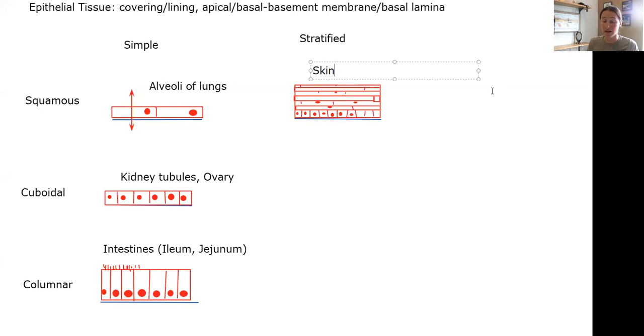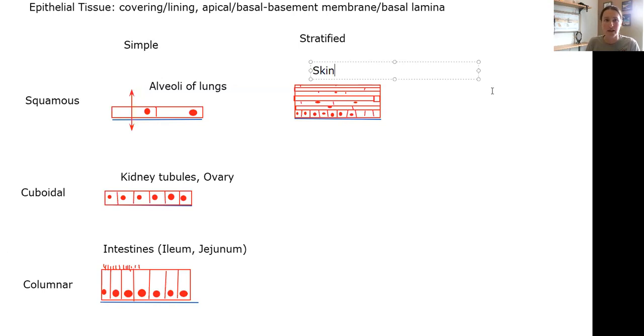And so what that does is it allows us kind of the freedom of like bumping into things and scratching things and everything without actually damaging our tissue, right? So the uppermost layers are dead, and so they can just slough off, and they do slough off all the time. But it's not a big deal, right? There's so many other layers of these cells underneath that you don't actually hurt yourself when you bump into things.